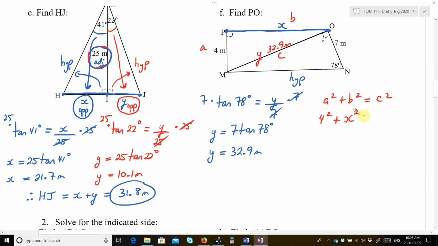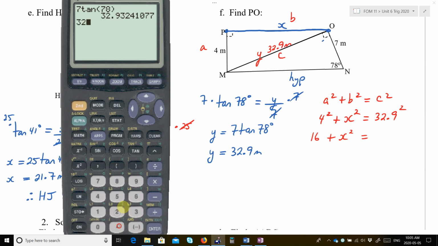B is x that we want to find. And C is 32.9. So we have 16 plus x squared equals 32.9 squared, which is 1082.41.